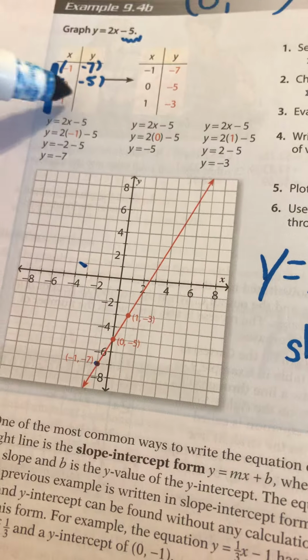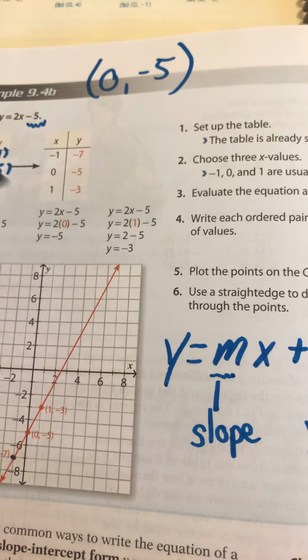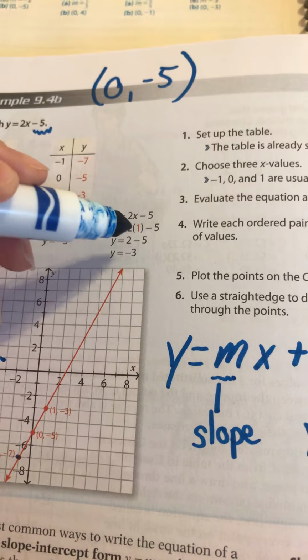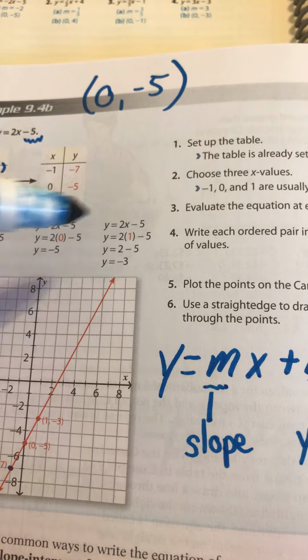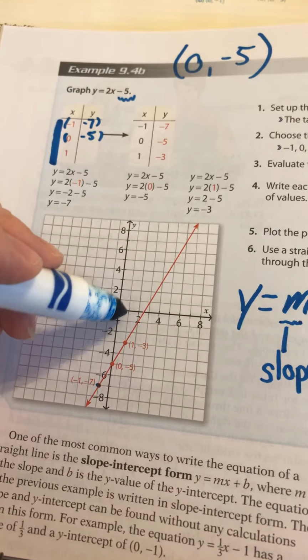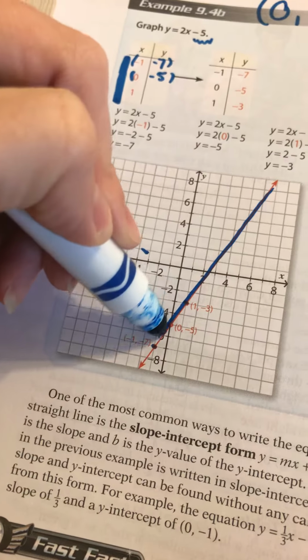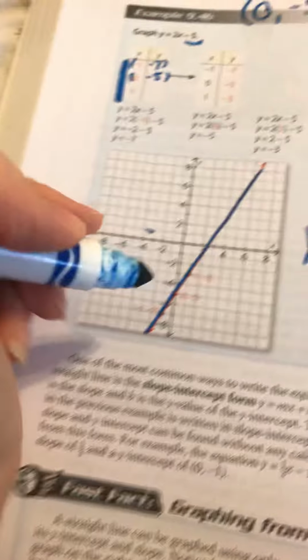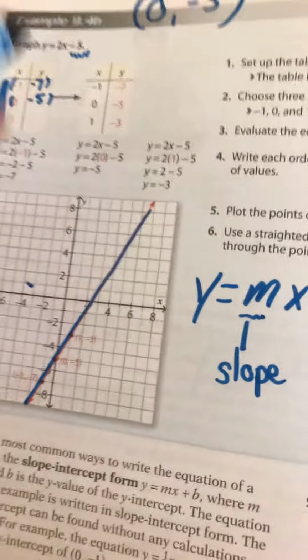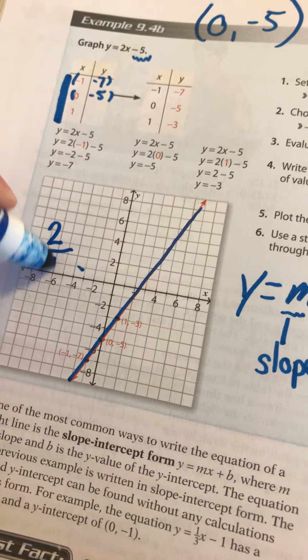And then plugging in 1, so 2 times 1 take away 5. 2 times 1 is 2, so 2 take away 5 equals -3. So then you plug it in, (1, -3), and then you just connect all those dots to make this line. Now, to check to make sure our slope is correct, our slope is going to be rise of 2, run of 1.